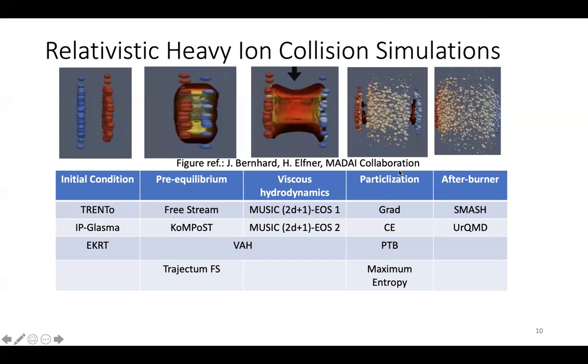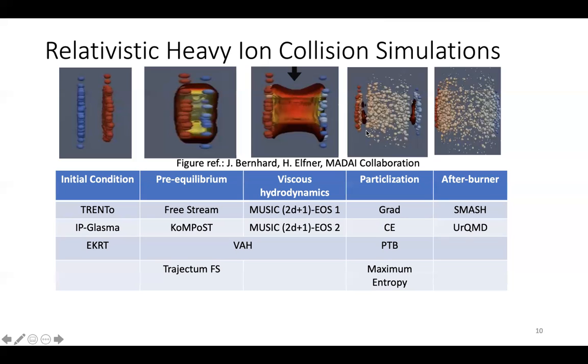Here one thing to note is that when we convert the fluid into particles, we are going to map the energy momentum tensor of the fluid cells into the momentum distribution of these hadrons. And this mapping is not unique. It is degenerate.